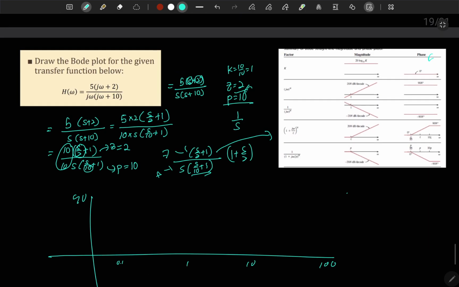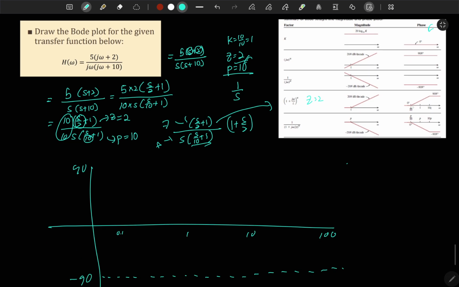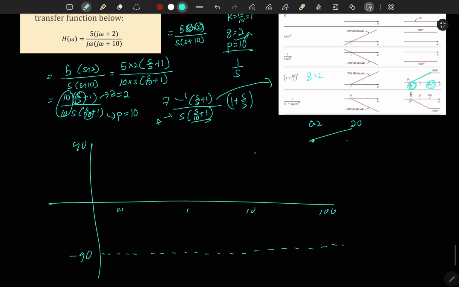Now completed. Do we have this? Yes, we have a zero. Now our zero is 2. What they are trying to say is z over 10, which means 0.2, then 10z, meaning 20. So from 0.2 till 20, it's going to rise to meet 90 degree.